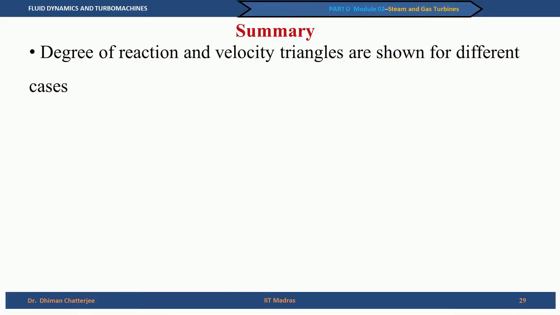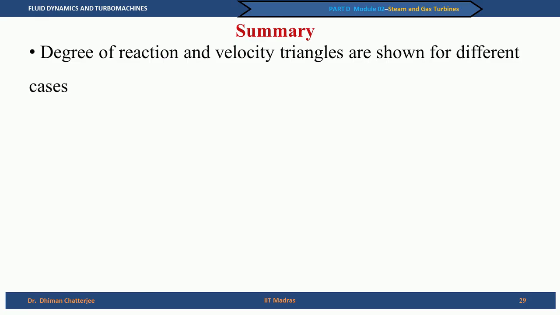And with this I come to the conclusion of today's discussion on the degree of reaction. We talked about different special cases, starting from the generalized description of degree of reaction in terms of enthalpy and velocity components, and then we showed the HS plot for different degrees of reaction, in particular for R equal to 0, the impulse stage, or R equal to 0.5.